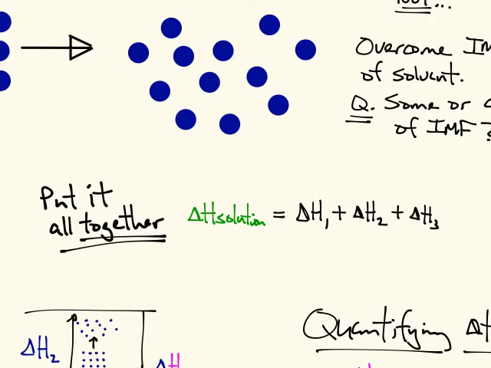The heat of solution, the ultimate enthalpic result for the solution making, is going to be H1 expanding the solute, H2 expanding the solvent, and H3 allowing them to mix. If you take all three of those enthalpies together, at a reductionist viewpoint, that's what it's going to take to make a solution.